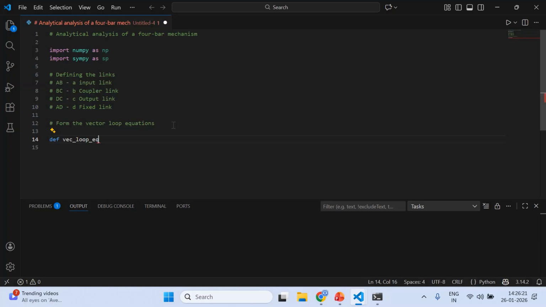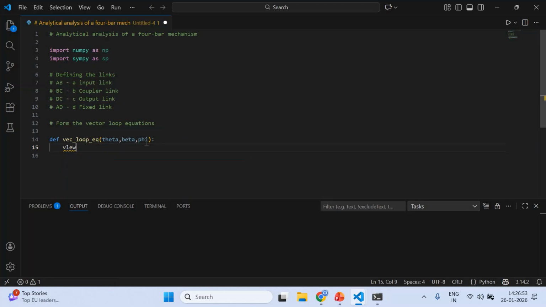Let me name this function as vec_loop_eq, and then this is theta, beta, phi. We are already aware that the two equations are functions of the three angles theta, beta and phi. So now we will define this function in terms of theta, beta and phi.